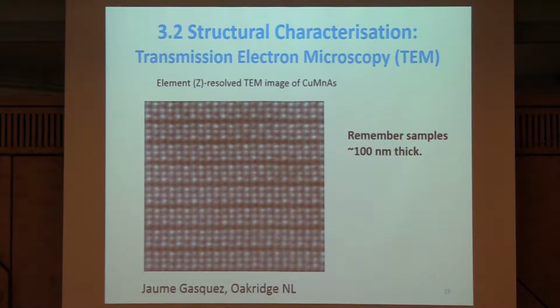When you look at images like this, one thing you should always bear in mind is it's very easy to think I'm looking at atoms. Okay, these little blobs here are actually atoms. But you're not looking at a monolayer on the surface, it's in transmission. And these thick samples are typically about 100 nanometers thick.